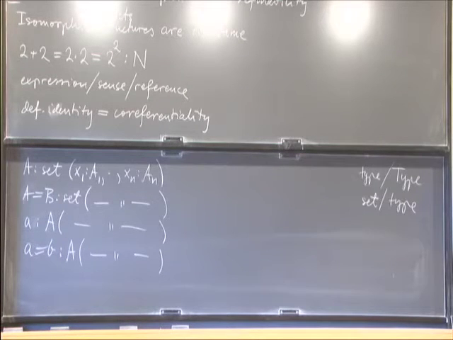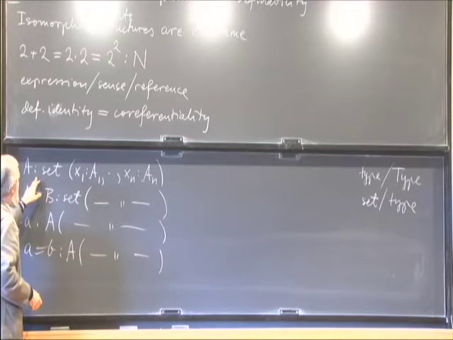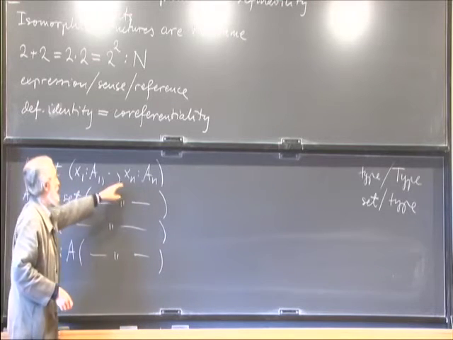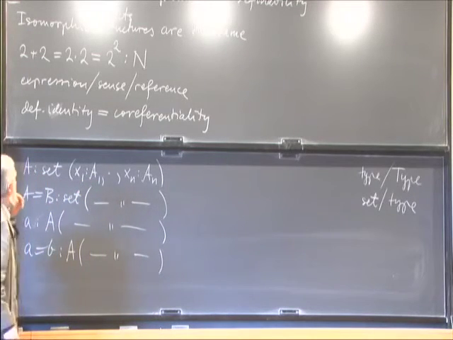So this is how we normally write it. Now, if we apply an ordinary school grammatical analysis to these forms of judgment, the first thing is to see what is the subject and what is the predicate. And that gives the following result. Well, this says that A is a set depending on these variables. So clearly, here is the subject, and here is the copula and the predicate.